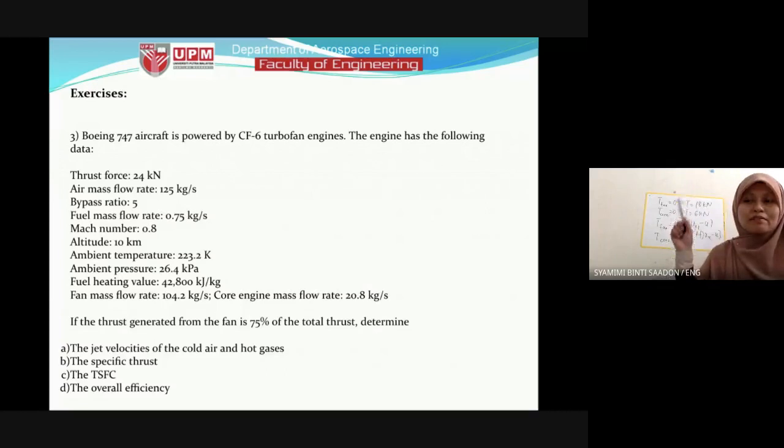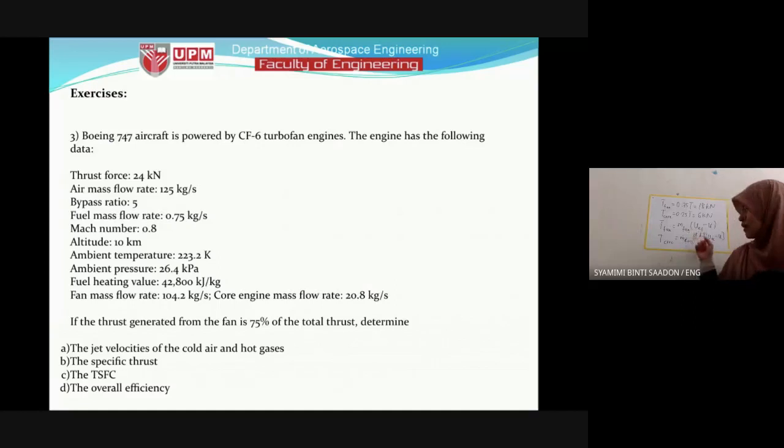So 0.75 over 20, that is your fuel ratio f. The fuel ratio is the ratio of the fuel mass flow rate over the air that goes into the core engine. So you get around 0.036 for the fuel ratio f.